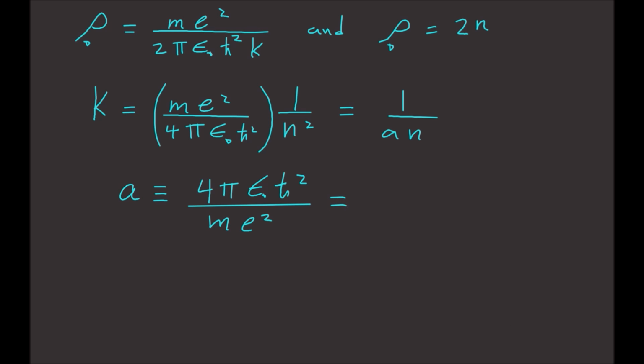Taking these constants and plugging them in, you get 0.529 times 10 to the negative 10. What's the unit? Meters. I'm very sure you know what this constant is right now. This constant is the Bohr radius.